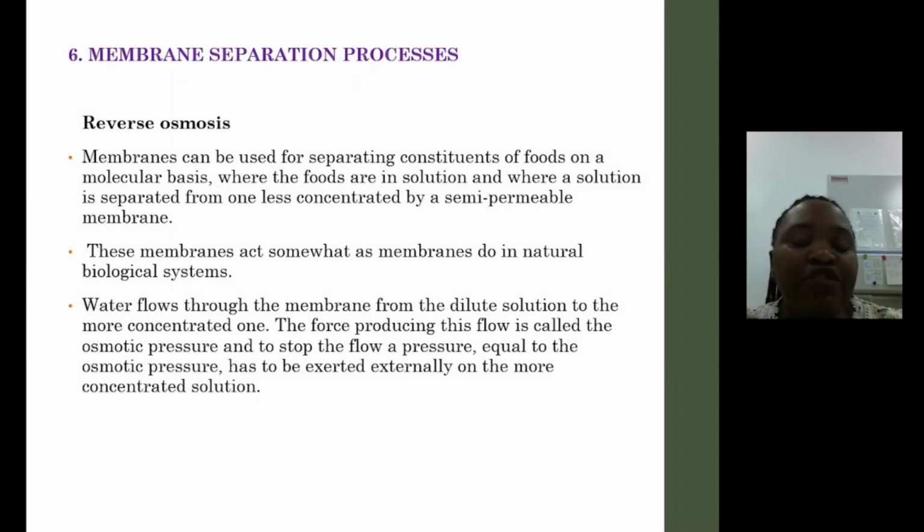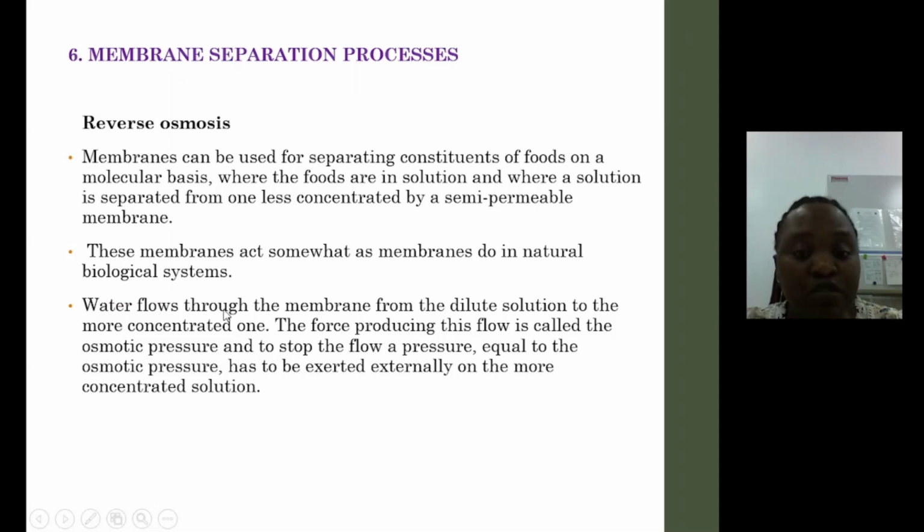Membrane separation processes are other processes that occur in food processing, and membranes can be used in processes such as reverse osmosis to separate constituents of food on a molecular basis, where the foods are in a solution and where a solution is separated from one less concentrated by a semi-permeable membrane.